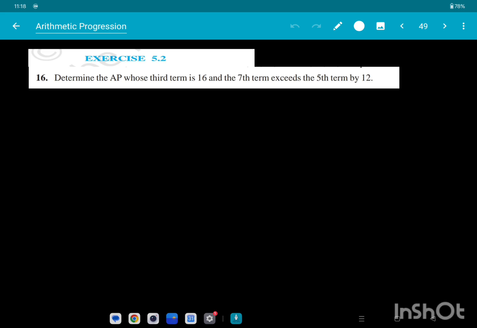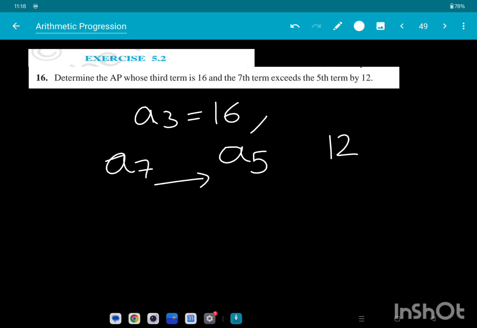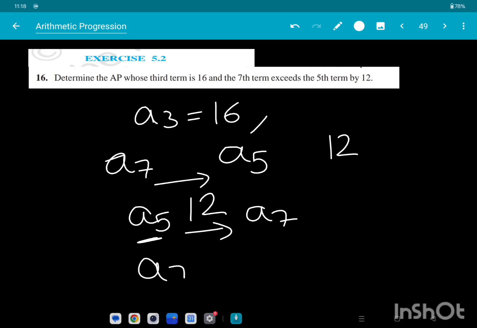Determine the AP whose third term is 16 and the seventh term exceeds the fifth term by 12. So this is a question like the one we already saw in the previous one. Here it was given the third term, which means A3 is 16, and the seventh term exceeds the fifth term by 12, which means A7 minus A5 is 12, right?